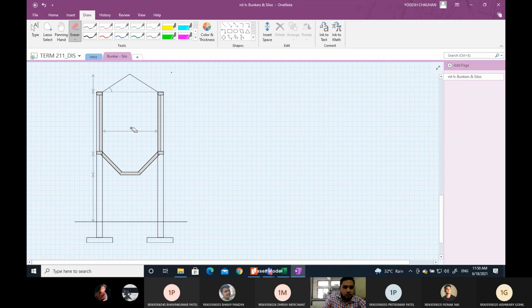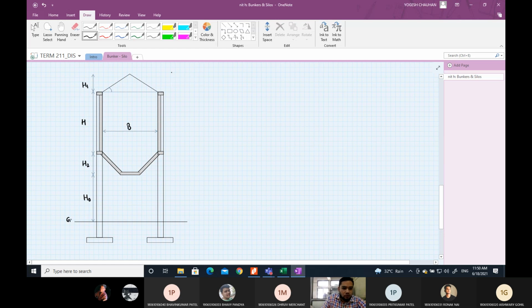Let us say this is B, this is H, H1, H2, and let us say this is H0, which is the height of the bottom of the bottom hopper from the ground level.